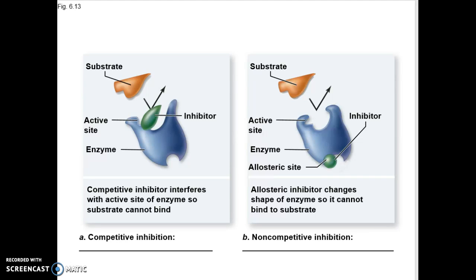Again, in competitive inhibition, the enzyme doesn't change shape. It's the same enzyme, it's just got this little inhibitor in there that blocks a substrate from attaching. So these are all important features and components associated with pathways.